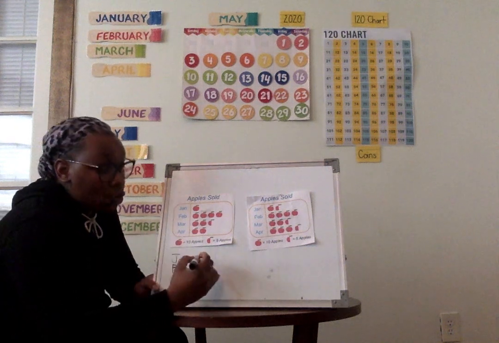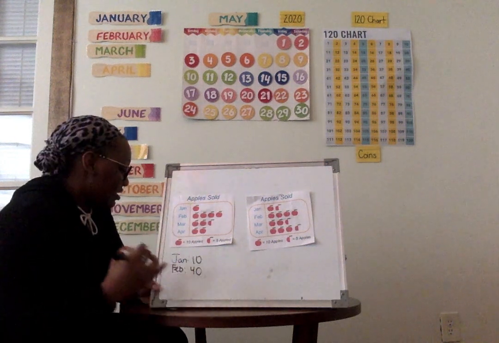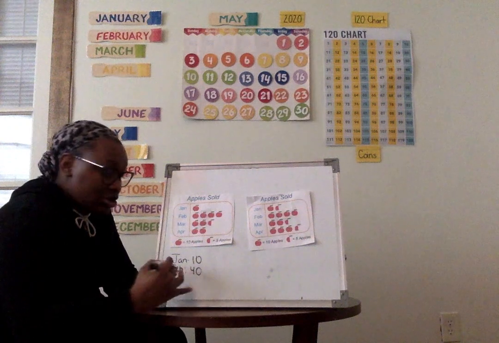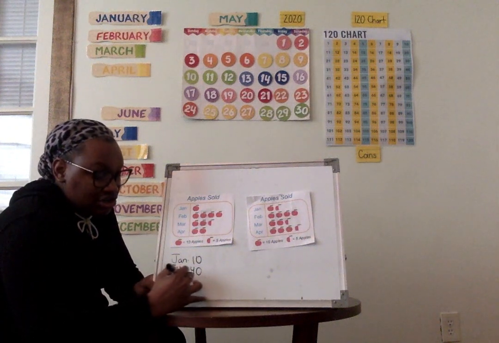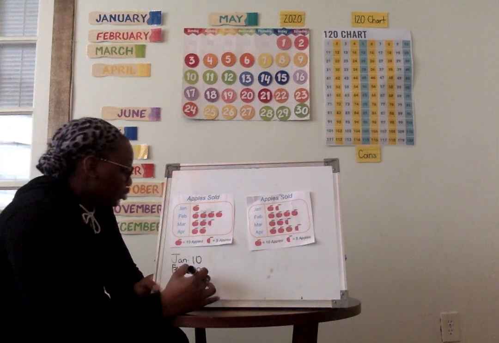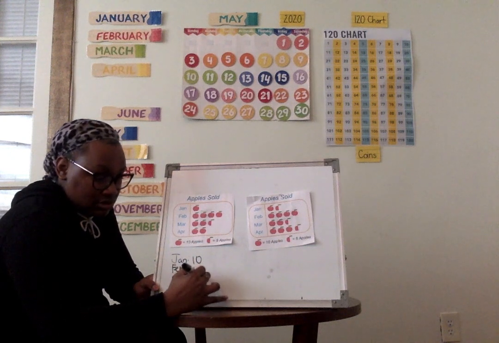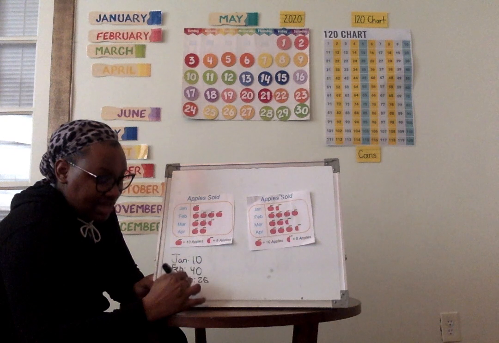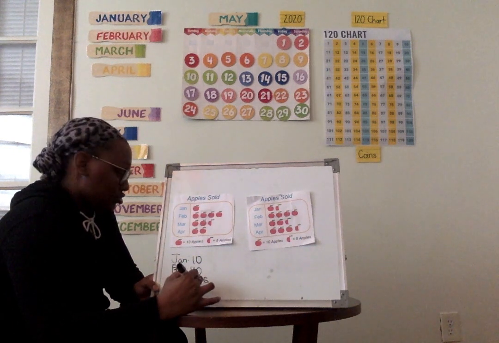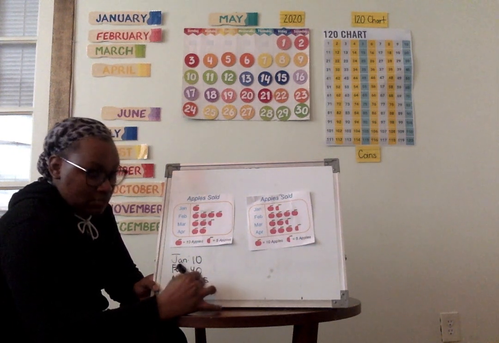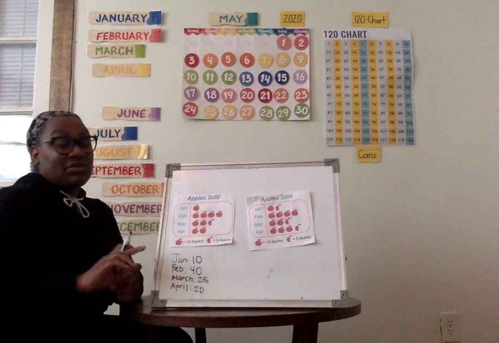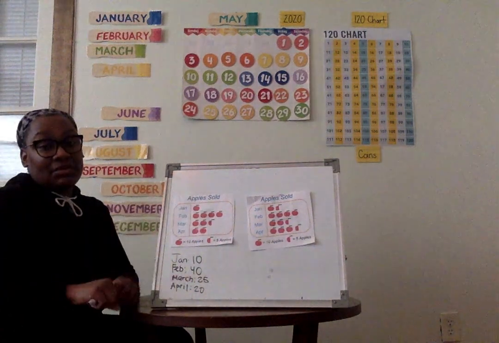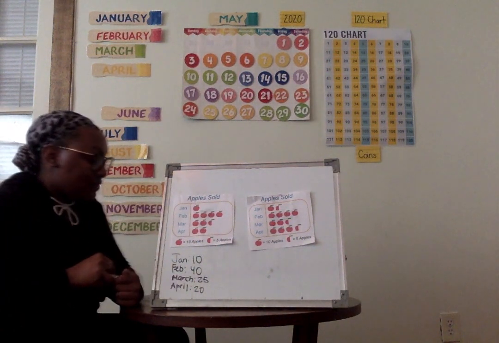She got 40 apples. And in March, she got 25 apples. And in April, she got 20 apples. I wrote this down here so it's easier for me to remember after I figure out how many she got each month in the graphs.